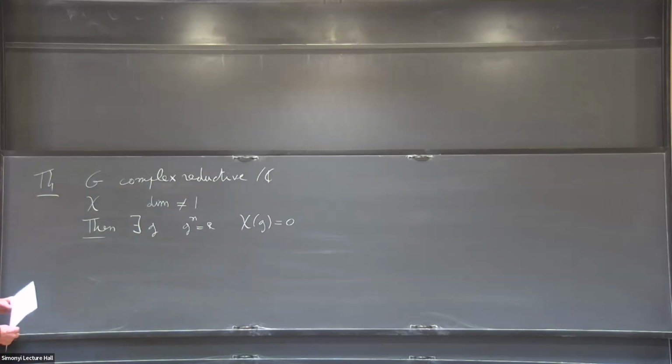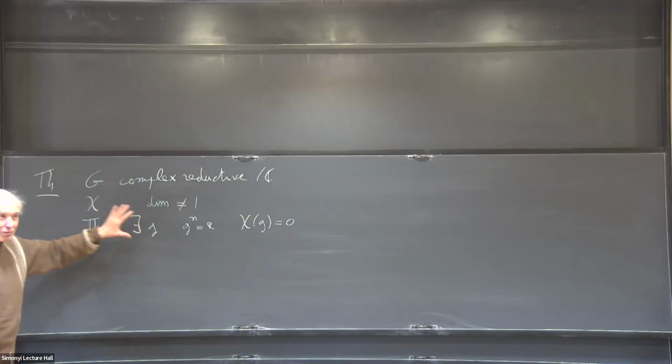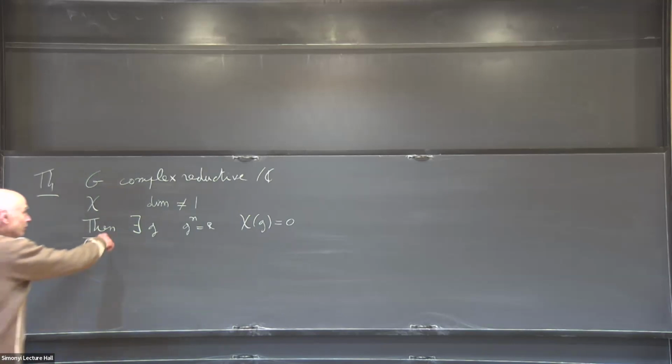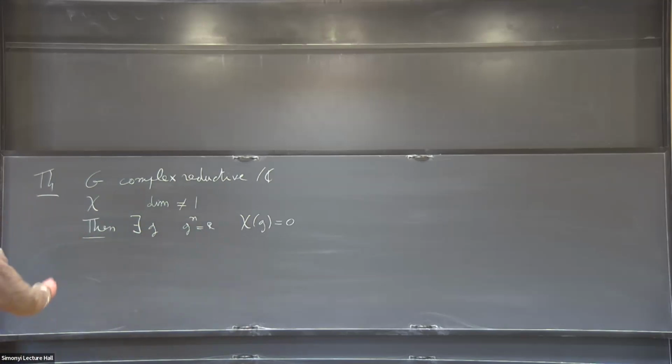Now, because I like it very much, I will tell one ingredient for going from this case to the general case of linear algebraic group: the case where G is finite. Then this statement, that the character vanishes at some element of the group, is a theorem of Burnside.